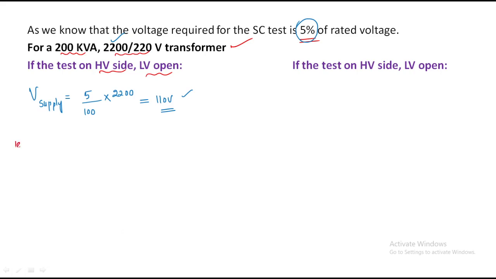That is, 110 volts is required to get I rated on HV only, keeping LV short circuited. This is short circuited, not open.